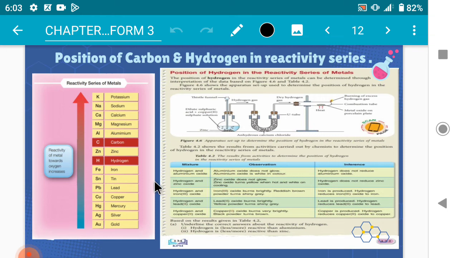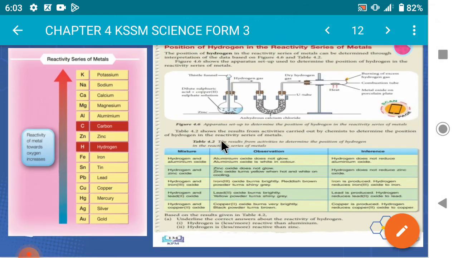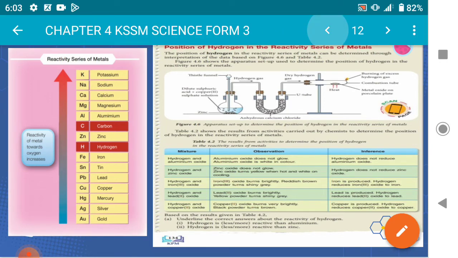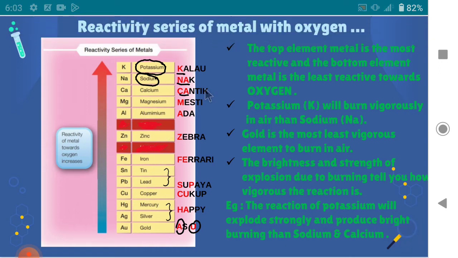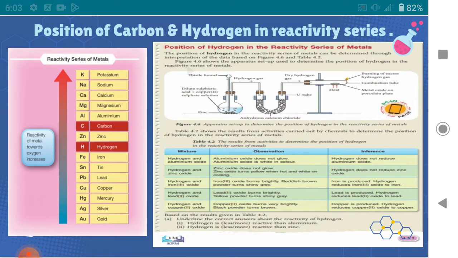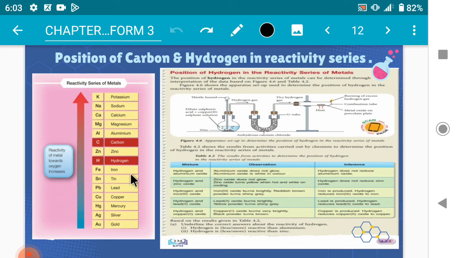Okay, so the position of carbon and hydrogen in the reactivity series. As you can see, I already revealed the elements that I had covered, which are carbon and hydrogen.